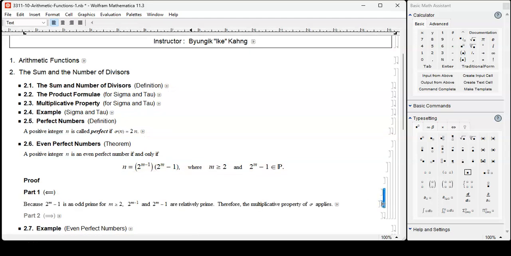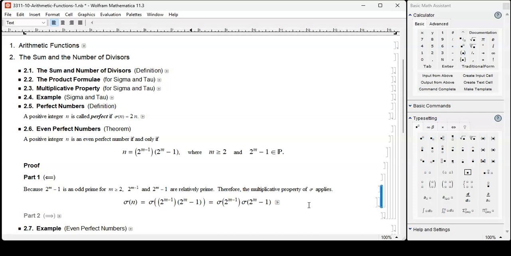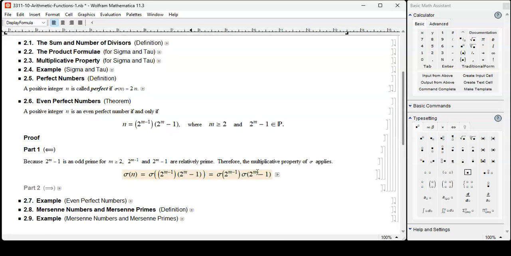So you can use the multiplicative property of sigma. And that's how you get sigma of 2 to the n minus 1 power, which I'm highlighting in blue like this, and times this, sigma of 2 to the n power minus 1, which I'm highlighting in red. So we just use the multiplicative property of sigma.